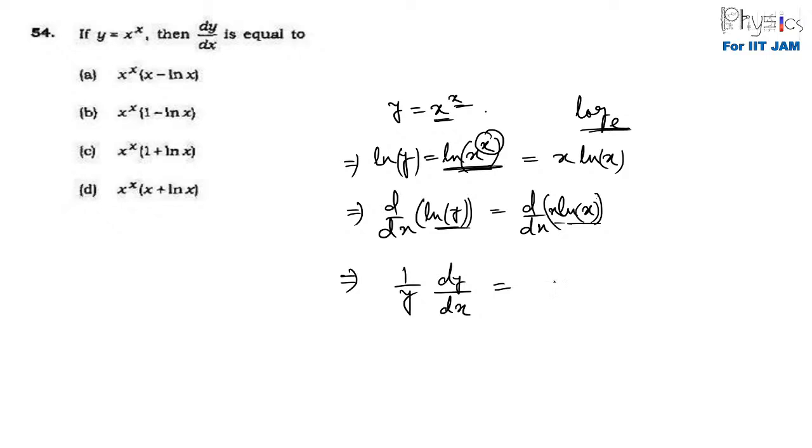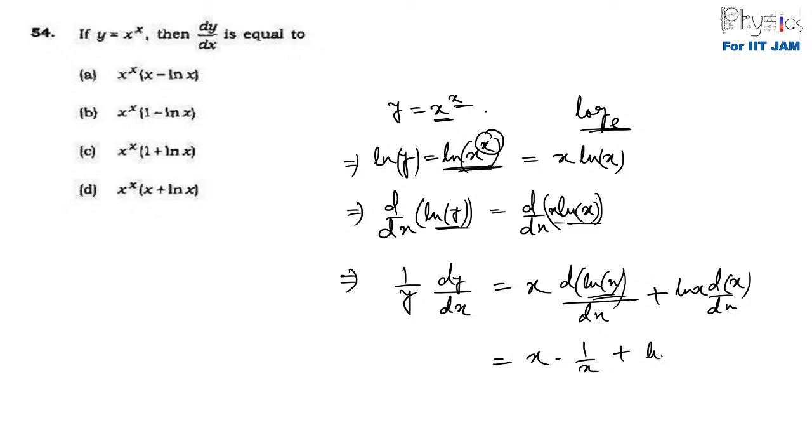That is d/dx of uv, right? So u, that is x, times d of ln x by dx, plus ln x times d/dx of x. We have x times 1 by x plus ln x times 1, and this x cancels out, giving 1 plus ln x.